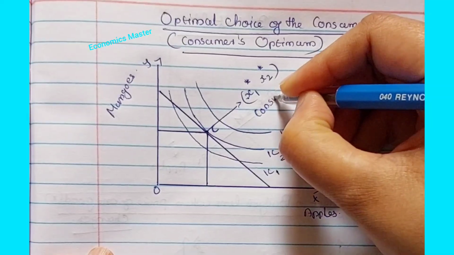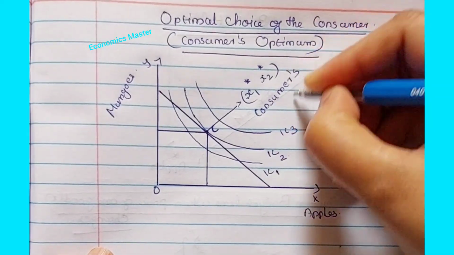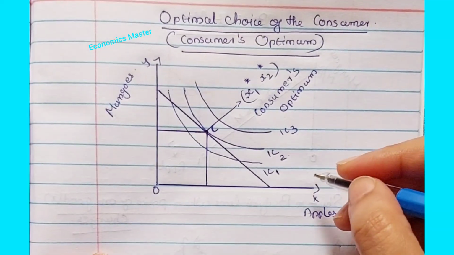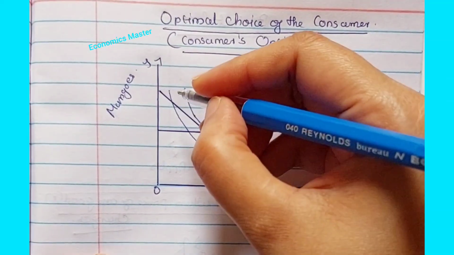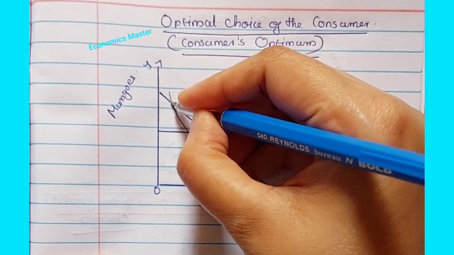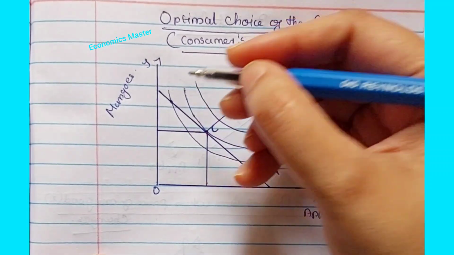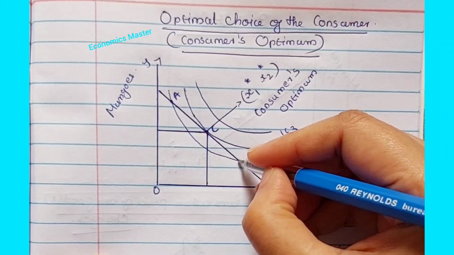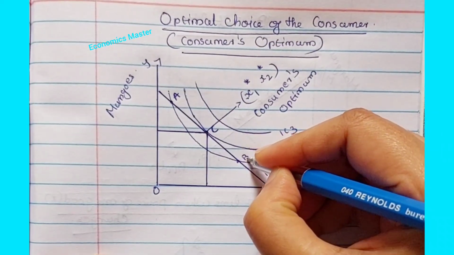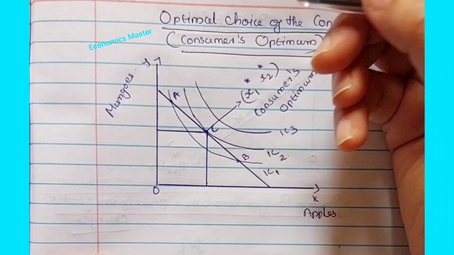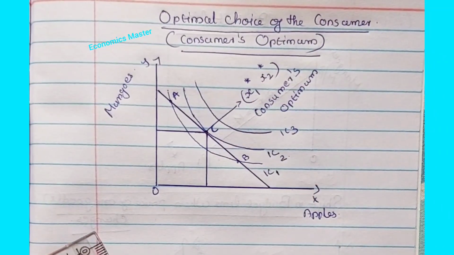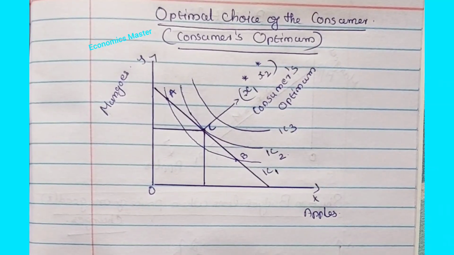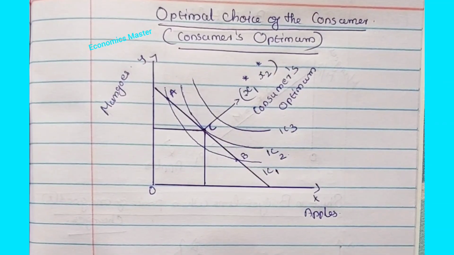Slope of the indifference curve is the rate at which the consumer is willing to substitute one good for the other. Slope of the budget line is the rate at which the consumer is able to substitute one good for the other. Bundles on the indifference curve above this point or on the higher indifference curve are not affordable. So C is the consumer's optimum.